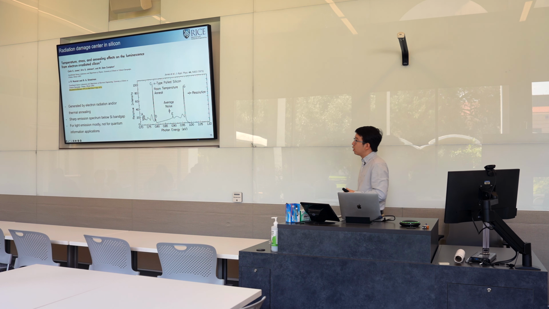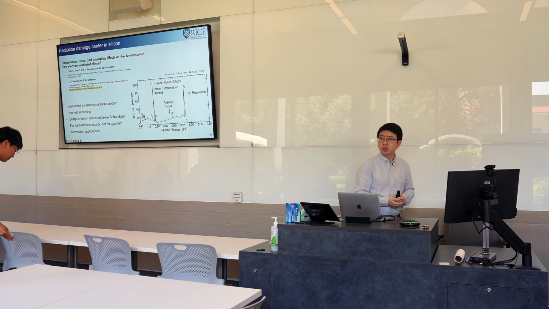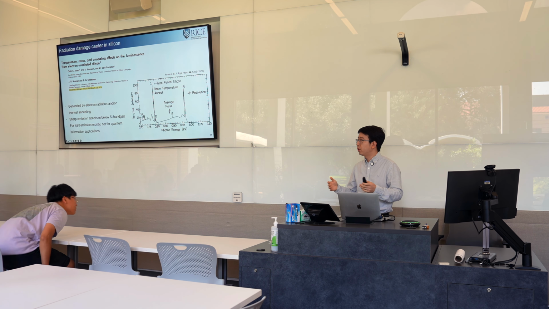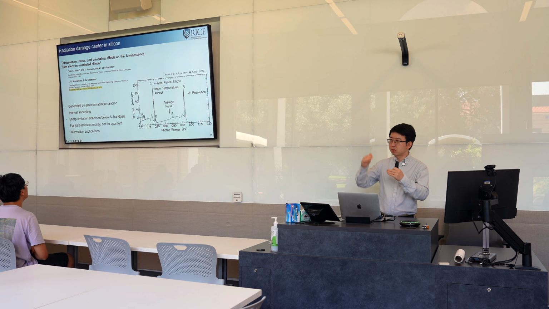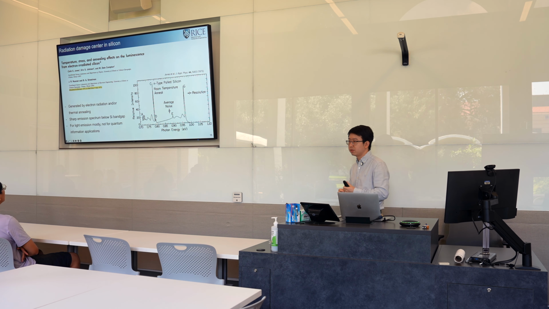And at that time, people were not so focused on quantum applications, right? They focused more on light emission, because silicon itself is a very inefficient light emitter because of the indirect band gap, right? So if you can have these sharp emission lines, people may be able to make an LED or even a laser out of silicon, okay?